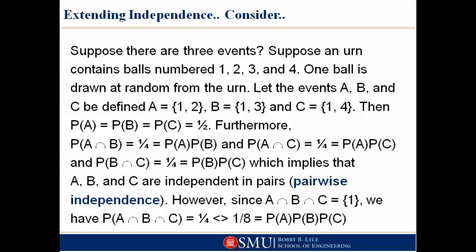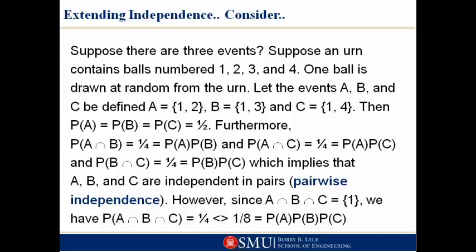So you say, okay, that's independent. How about the probability of A and C? Similarly, it has a probability of 1/4, which is the probability of A times the probability of C. And likewise, the probability of B and C is equal to 1/4, which meets the qualification of what's called pairwise independence.